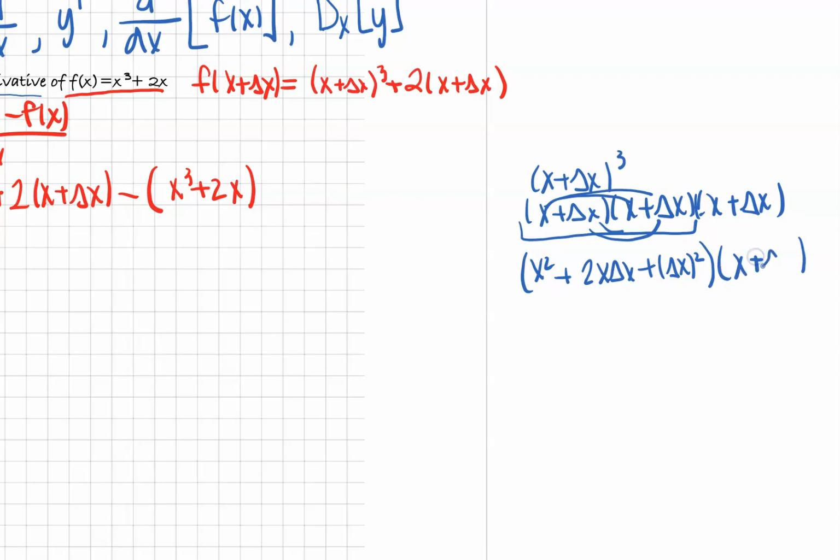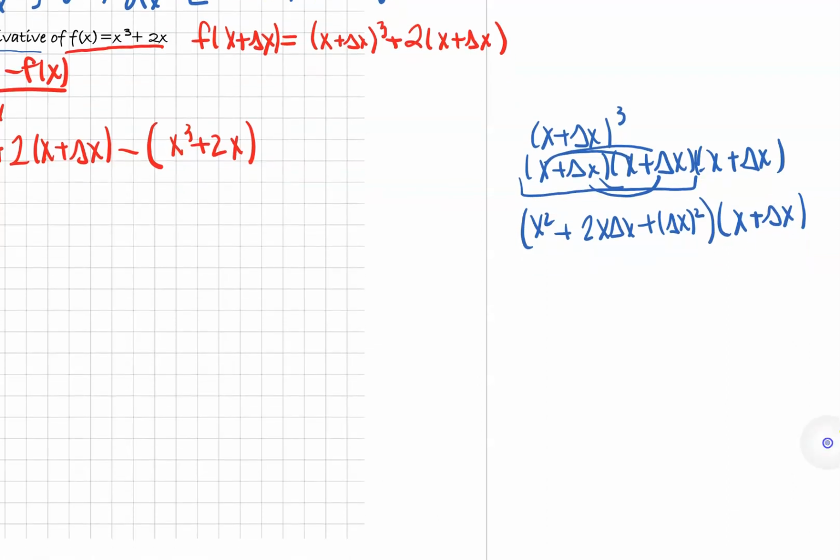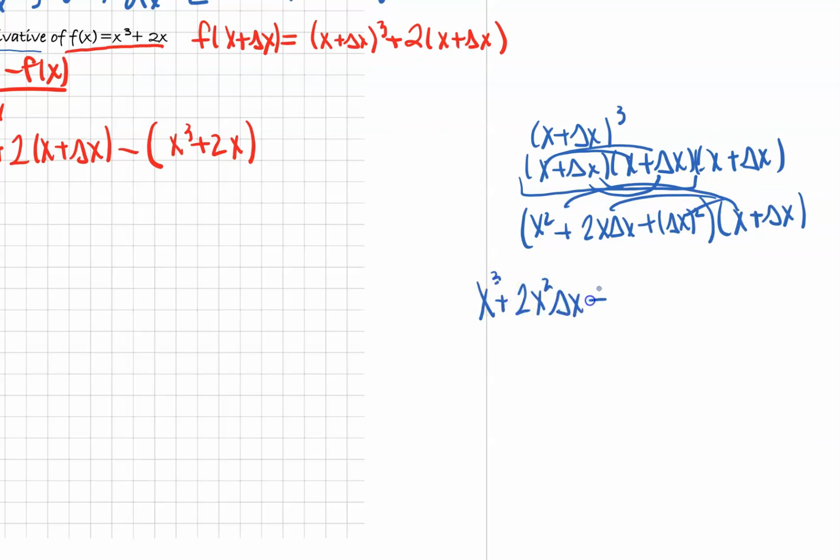Now I'm going to have to do it times another one of x plus delta x, so let me distribute that out. I'm going to do x times each of these. That gives me x cubed plus 2x squared delta x plus x delta x squared. Plus, now I need to do delta x times each of these.